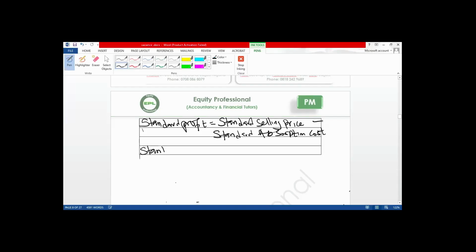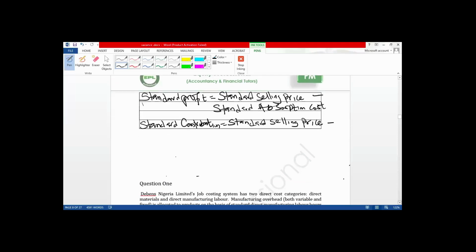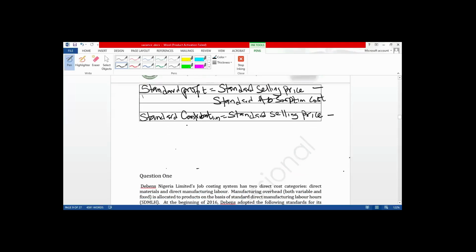Standard contribution is equal to standard selling price minus standard marginal cost. We are done with the explanation.